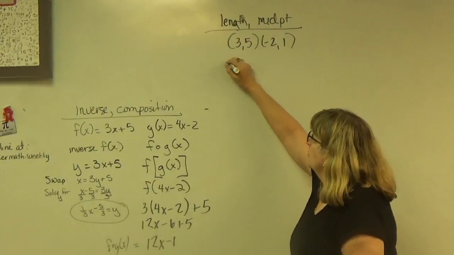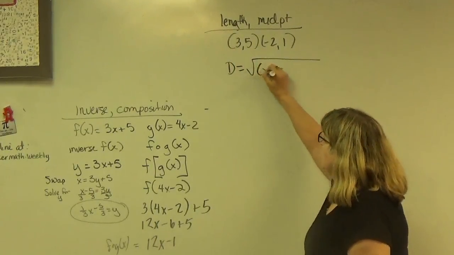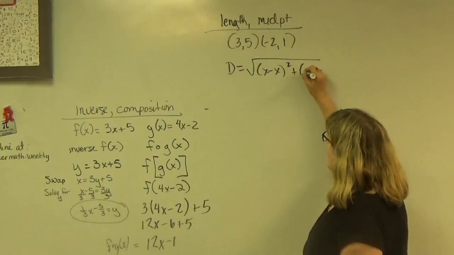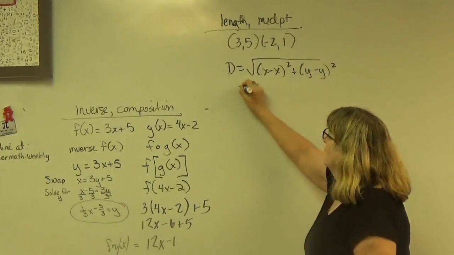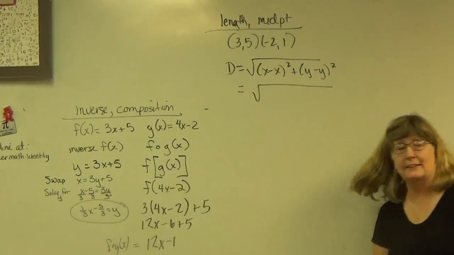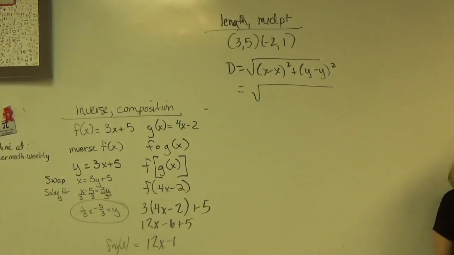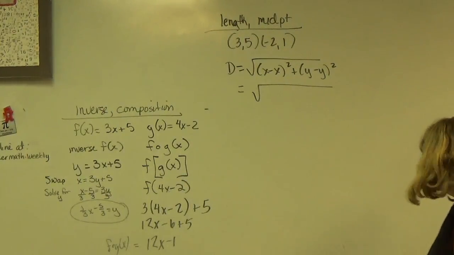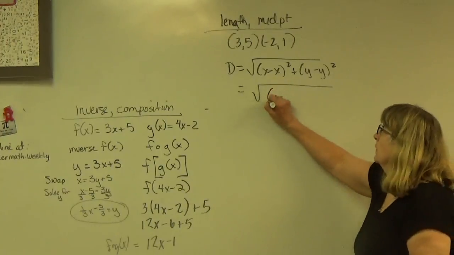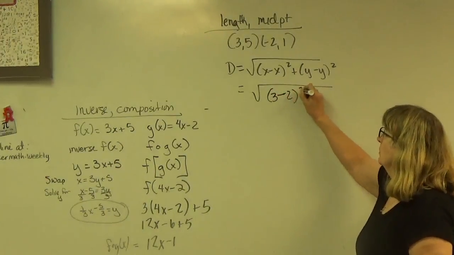The length formula or distance formula is x minus x squared plus y minus y squared. So what are my x's? Hold on. So 3 subtract a negative 2.